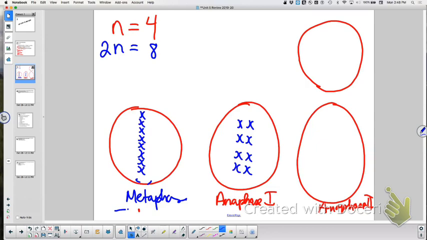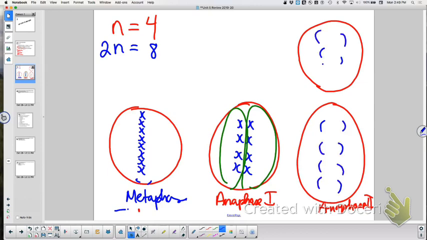I have 8 total chromosomes, but in metaphase they would line up, and in anaphase 1 they would start to go apart. Then I would end up forming 2 cells, each with 4 chromosomes in it. These would then go apart in anaphase 2, in 2 cells.